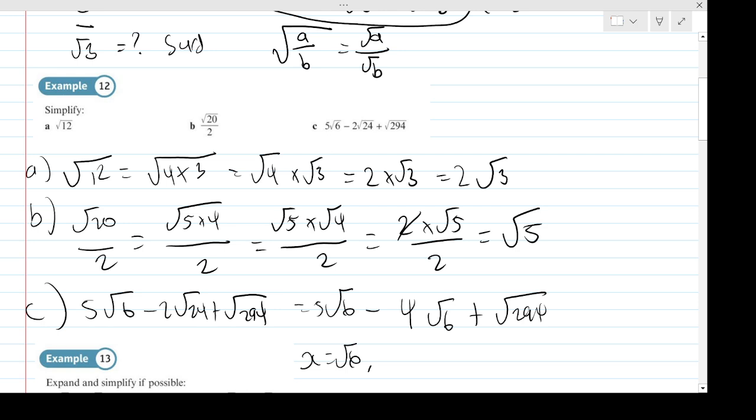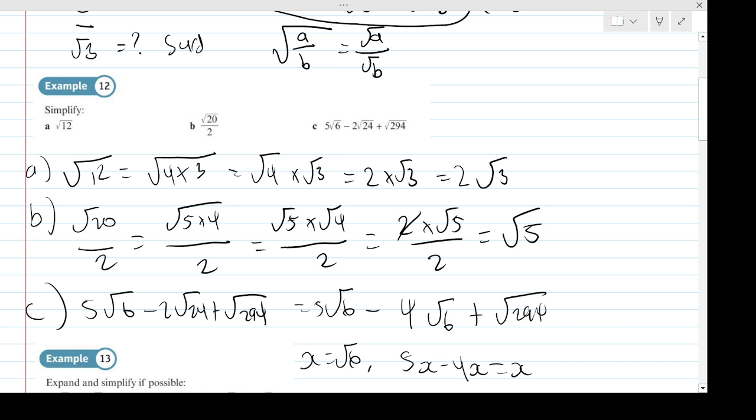It's exactly like collecting like terms in algebra. If x was root 6, we would have 5x minus 4x, and that's simply x. So it's saying I have 5 lots of root 6, then take away 4 lots of root 6, and I just have a root 6 left. So the only thing I can do here is consider root 6s, because that's the only surd that's the same.